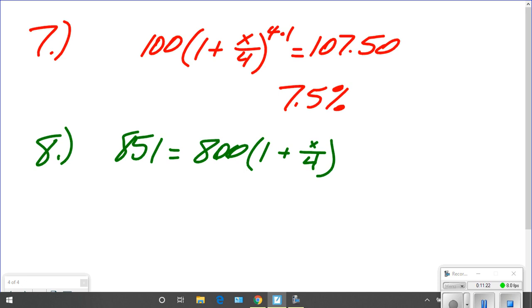Okay, so we're going to have to do it the way that I did it before on this one. I'm going to divide by 800 first. So I'm going to take 851 divided by 800, and I got 1.06375. And that's the answer that the book says. But I'm like, hang on a second, because I don't think that's right.